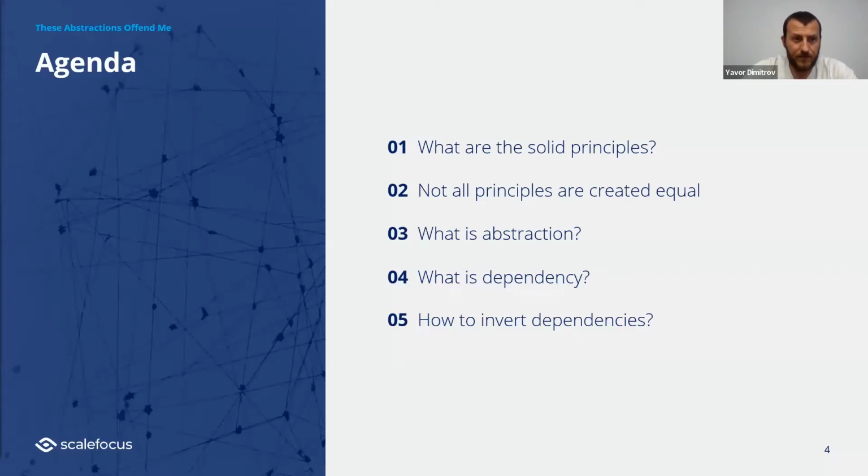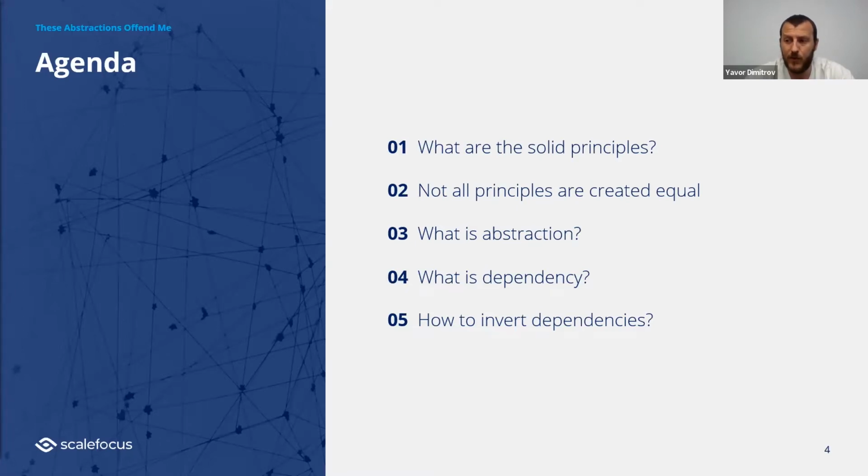So what is the agenda of this presentation? We will start by covering the SOLID principles of object-oriented programming. We will brush through those. We're not going to go into detail about all of them and cover them extensively.